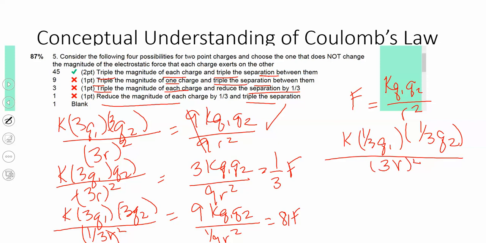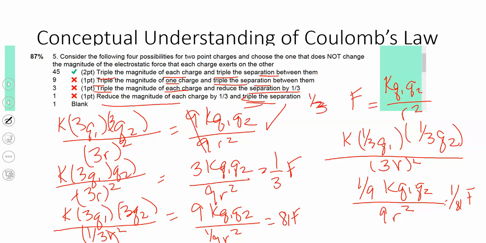Well, this gives us 1/9 kQ1Q2 over 9r squared. And so the 9 here drops down, so it becomes 1/81st of my original. Notice that if I had done a third in the denominator, if instead of triple it had been 1/3, this actually would have been the same answer. This also would have been correct.